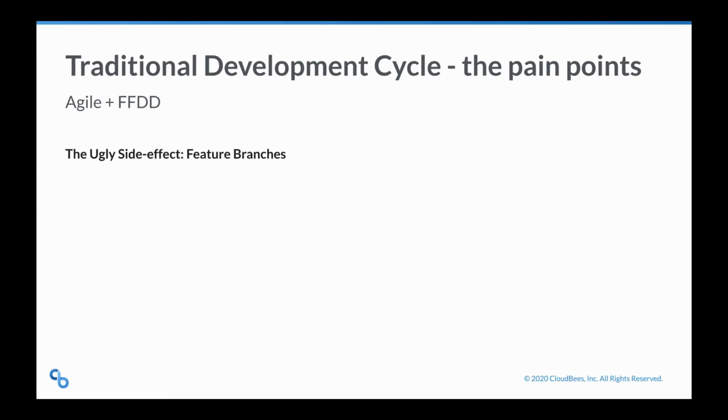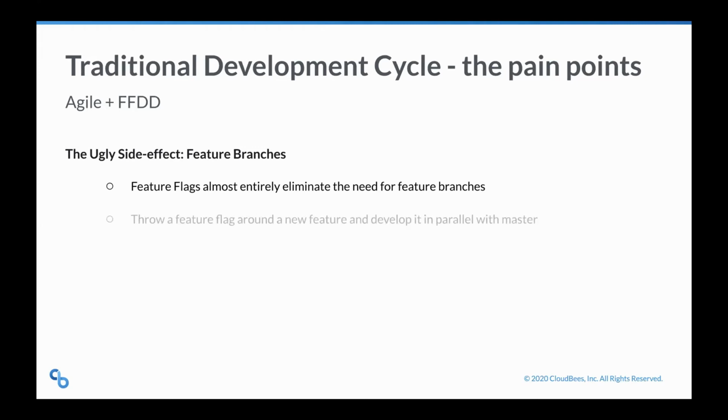And then you've got the feature branches. So feature flags, in my opinion, entirely eliminate the need for feature branches. Just throw a feature flag around a new feature and develop it in parallel with master. So whenever a new feature comes down the line, just throw a feature flag around it, and you'll thank yourself later.